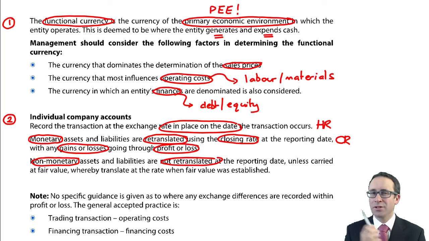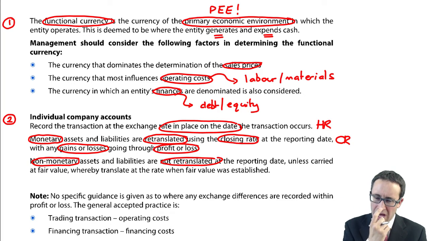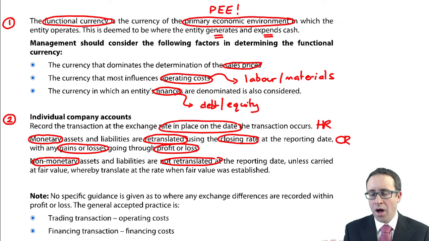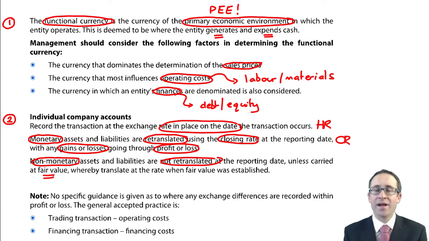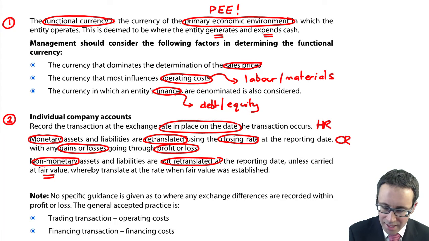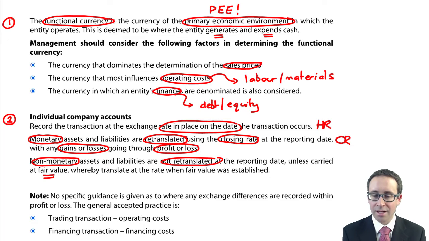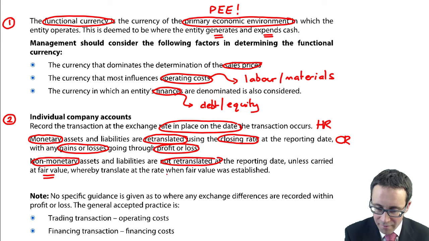Okay, there is an exception to the rule. I would just be aware, however, I don't think it's going to be examined at this F1 level. However, unless that non-monetary asset is carried at fair value and you need to revalue it to fair value at the reporting date as part of the accounting treatment, not as part of a retranslation exercise, if that's the case, you go through there and you translate at the rate when the fair value was established.